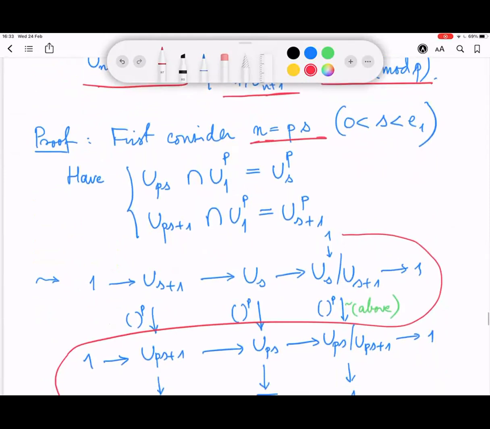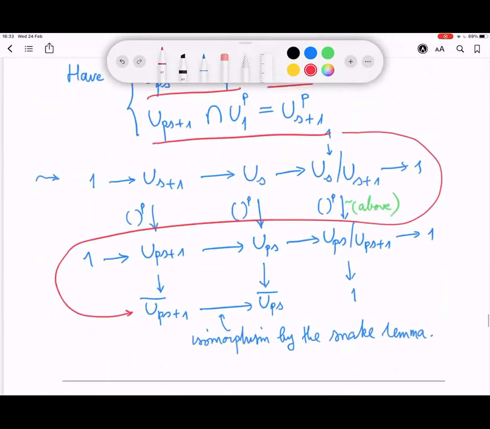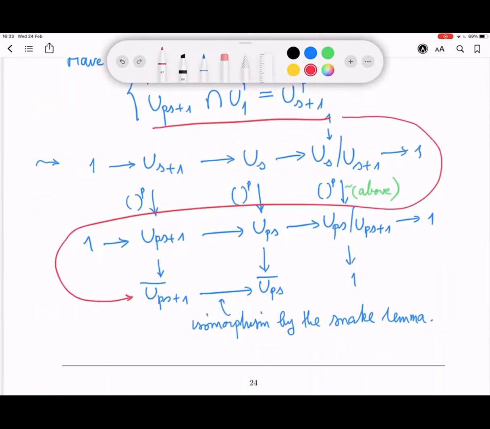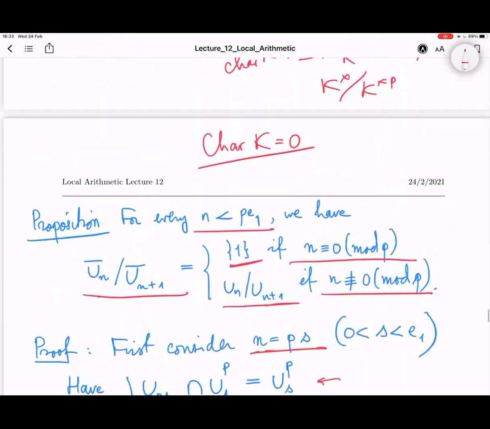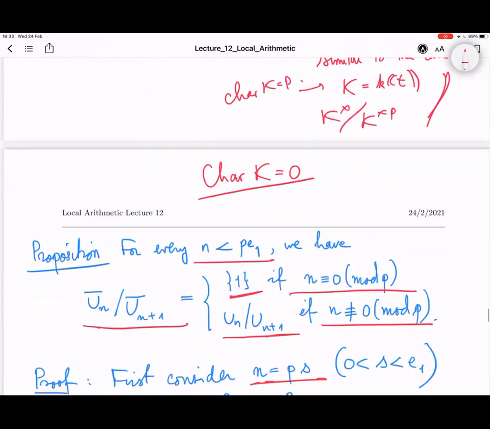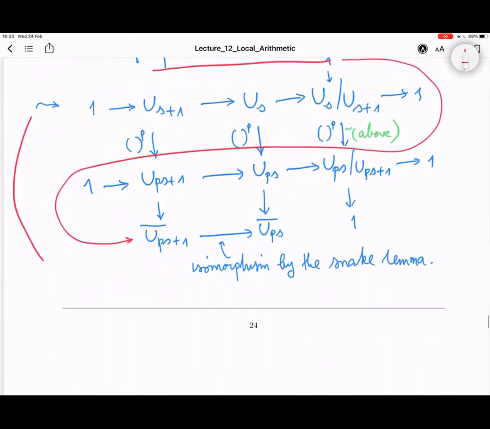In this case, we have seen that Ups bar intersection U1 to the power p is Us to the power p, and Ups plus 1 intersected with U1 to the power p is Us plus 1 to the power p. So you write this usual diagram, which we had written even on the previous occasion when we were looking at this case. You write the exact same diagram, and the snake lemma will imply what you are claiming.